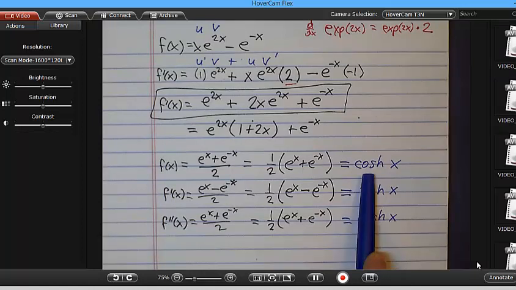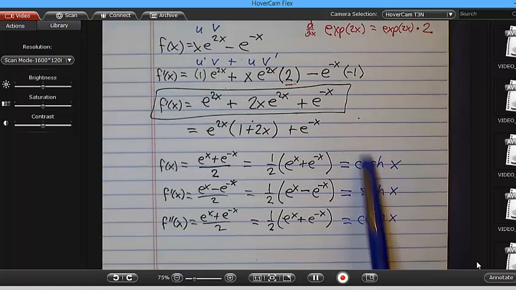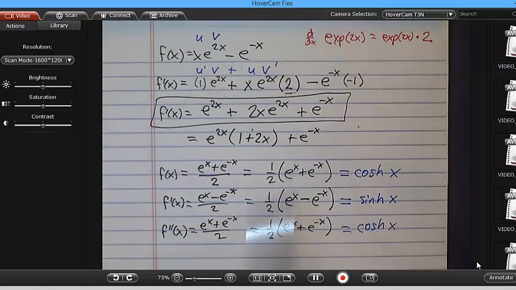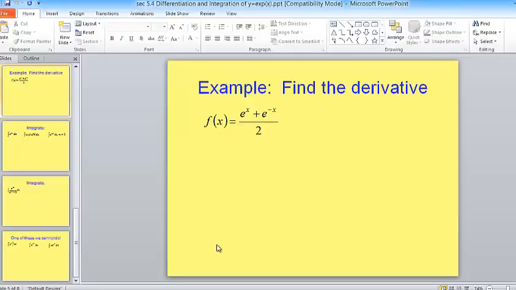But the derivative of the hyperbolic cosine is what? A sinh, right? I like to call that sinh and cosh. So those are really nice functions. And I remember studying those quite a bit. And we use them in differential equations, but we won't have time to do the whole section on it, I don't think, unless somebody does it for a project. So just thought I'd throw it at you.